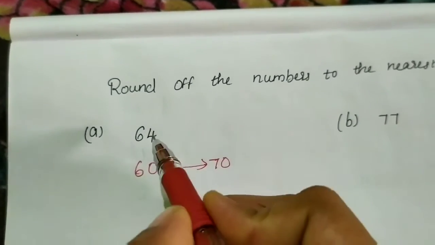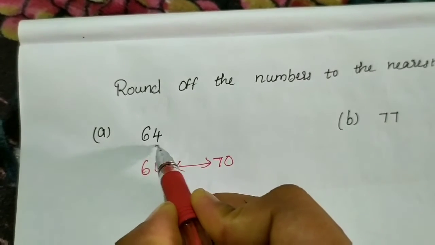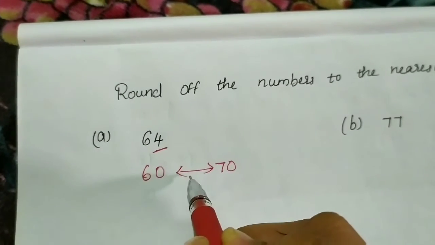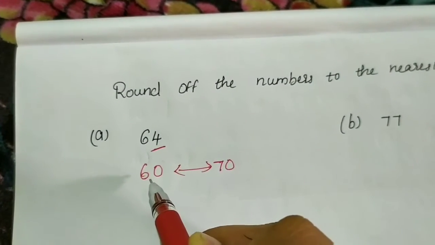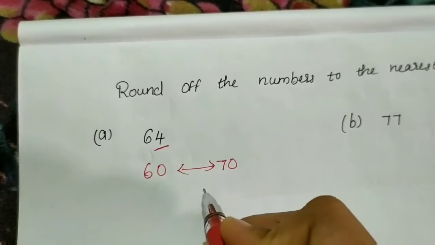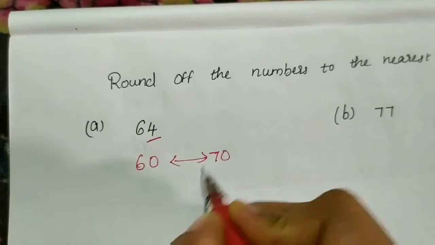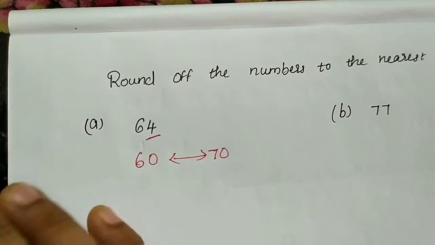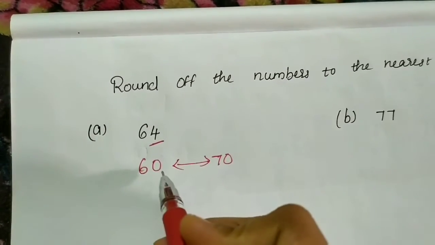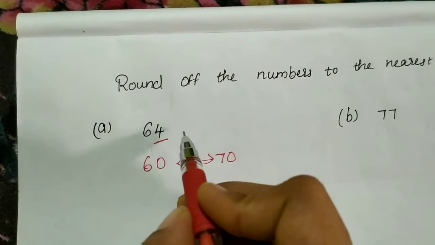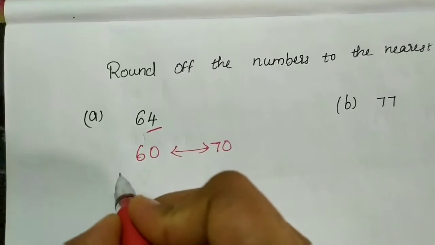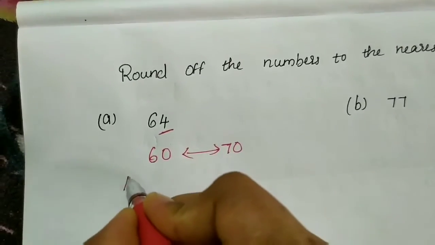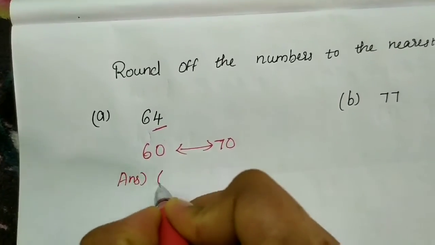Then the digit in ones place is 4. So it is closer to 60 because the numbers below 5 are closer to 60. So this number 64 can be rounded off to 60. The answer is 60.